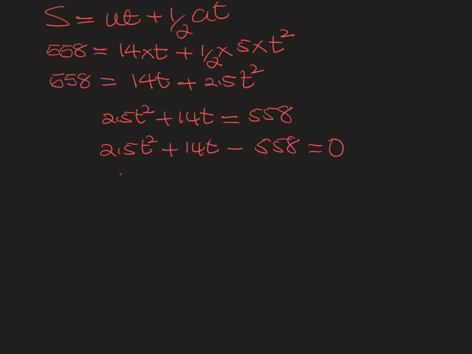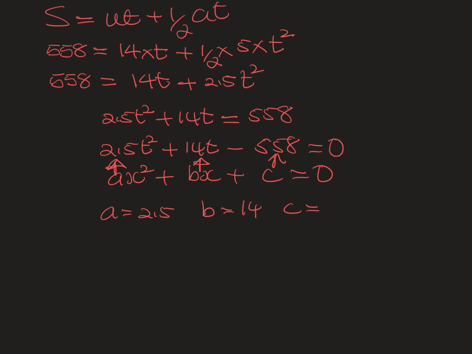If I compare with ax squared plus bx plus c equals 0, a will be 2.5, b will be 14, c will be negative 558, and therefore x is equal to t.